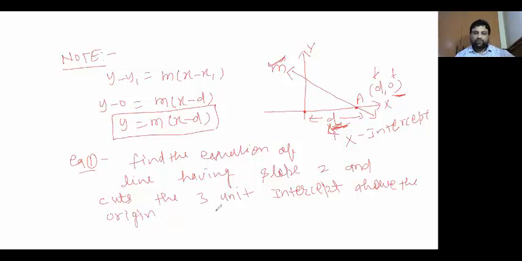So here you can see slope is given, it means m is given, that is 2, and this intercept is given above the origin. It means c is given, that is 3.